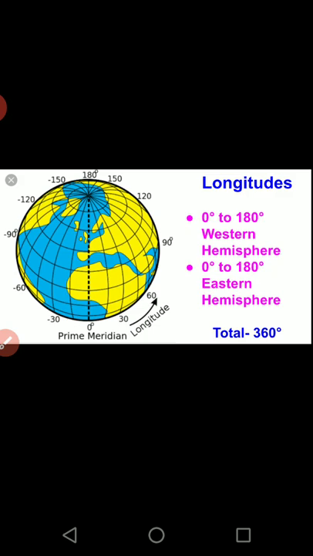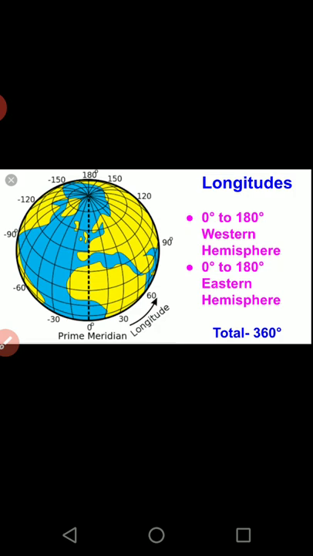The 0 degree meridian is called the prime meridian, and it passes through London. Greenwich is the name of a place in London. From there this passes. Let's learn something more. The prime meridian is dividing the globe into two equal parts, the western hemisphere and the eastern hemisphere.